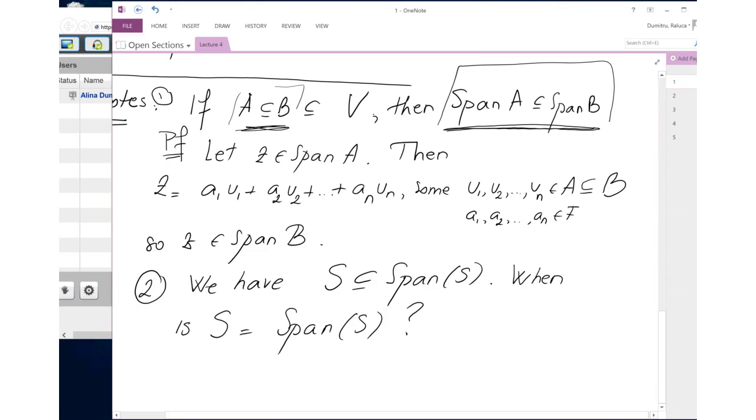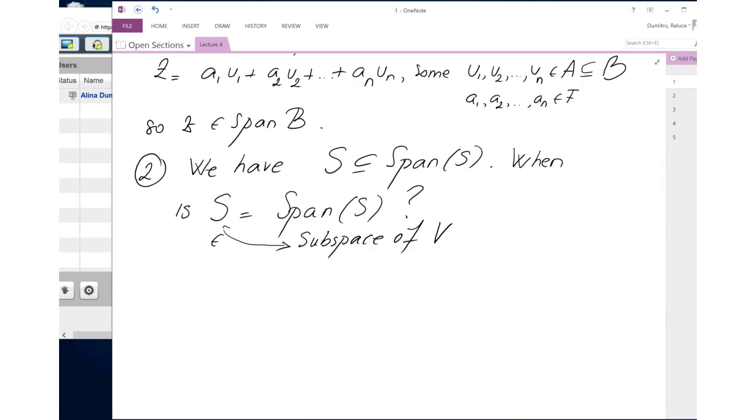We know that it is always a subspace, right? We proved that the span of any set of vectors is a subspace. So in order for this to make any sense, S itself would need to be a subspace to equal its span. Well, it turns out that it is an if and only if condition.